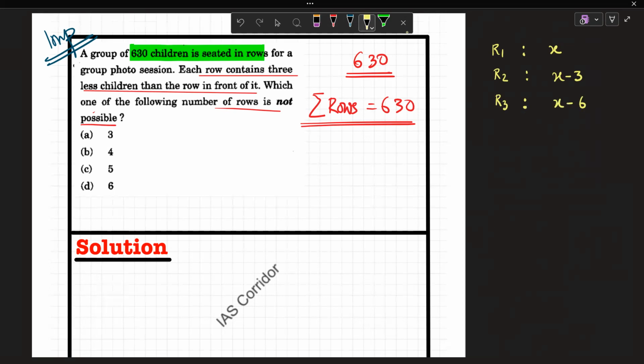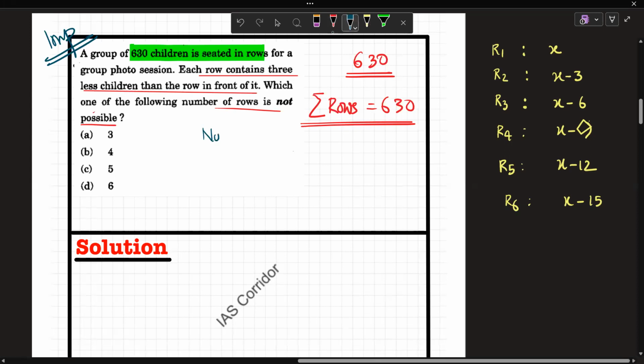X minus 6, because 3 lesser than that. Row 4 will contain X minus 9. Row 5 will contain X minus 12. Row 6 will contain X minus 15. Clear? Now the question asked, which one of the following number of rows is not possible?